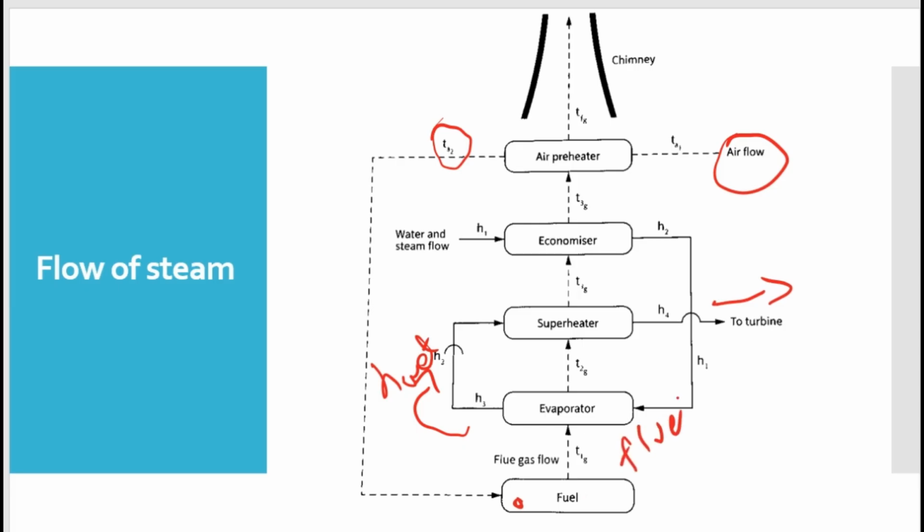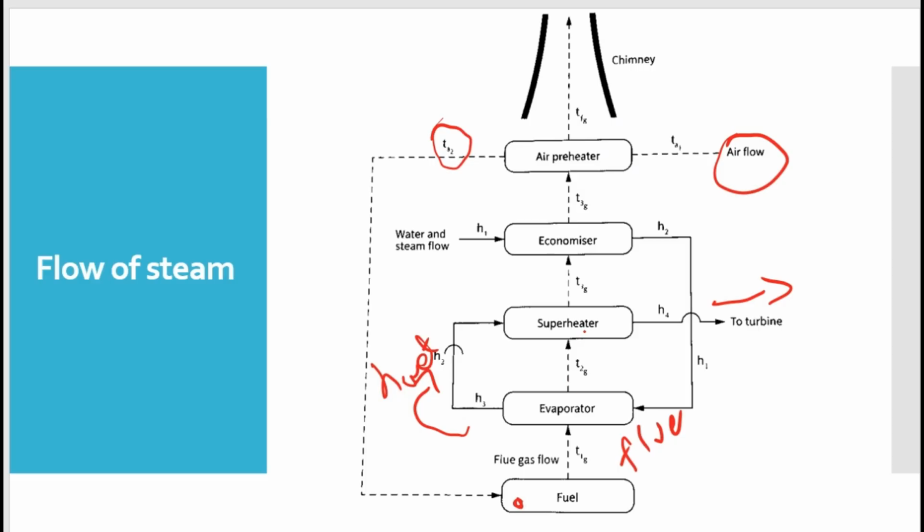These flue gases are the ones that are going to heat up the evaporator, and the evaporator will produce steam. The flue gases, as they pass through the evaporator, lose energy. That means the temperature of the flue gases entering the evaporator will be more than the temperature of the flue gases leaving the evaporator.